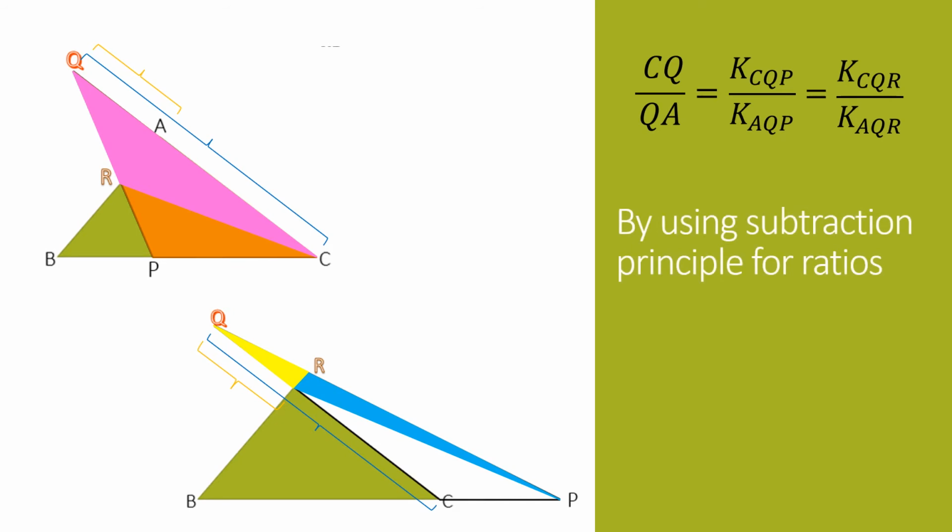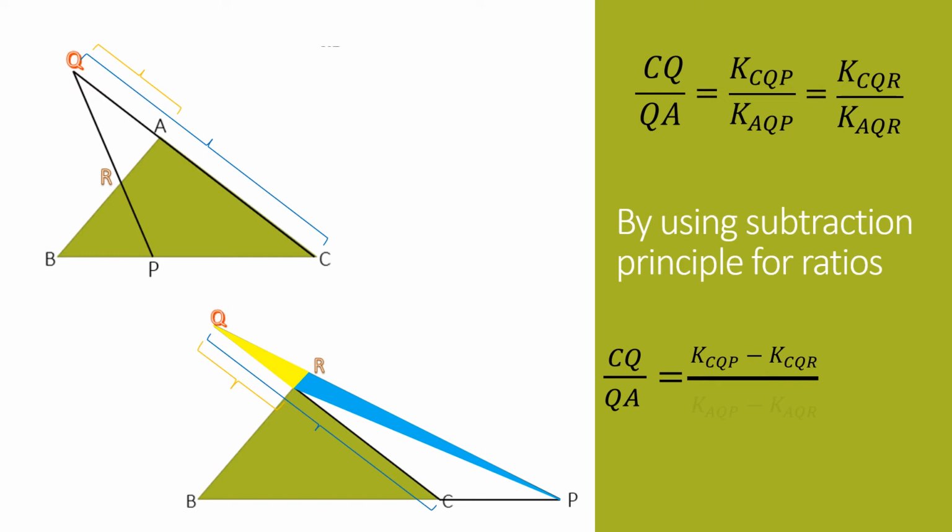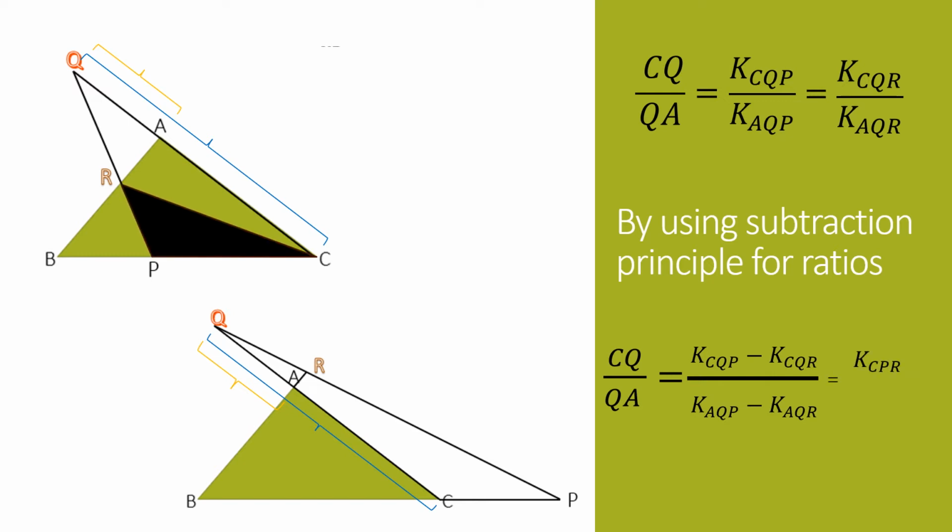By using the subtraction principle for ratios, we can say CQ over QA is equal to the area of CQP minus the area of CQR over the area of AQP minus the area of AQR, which results in the area of CPR over the area of APR.